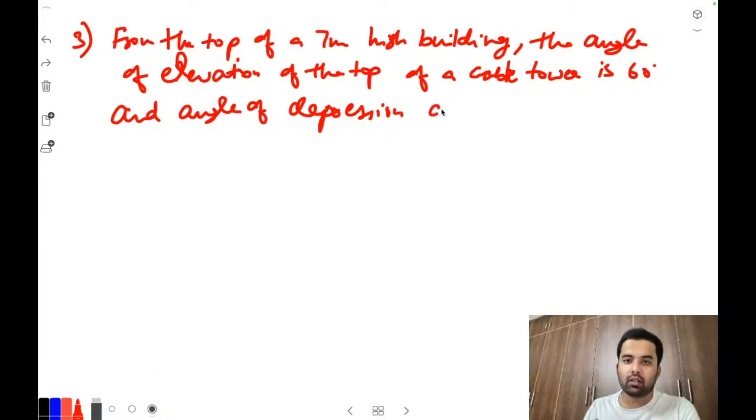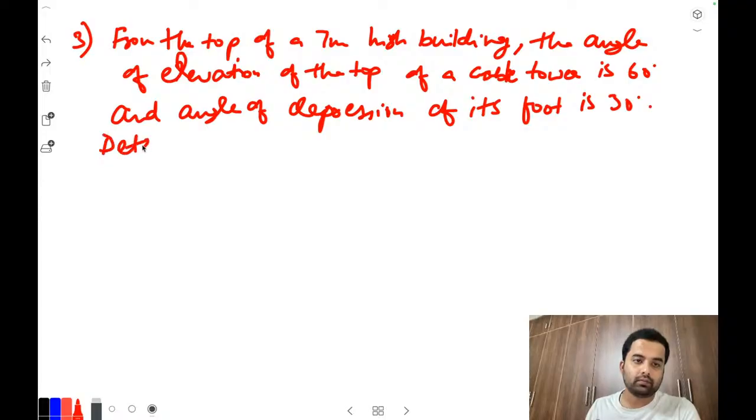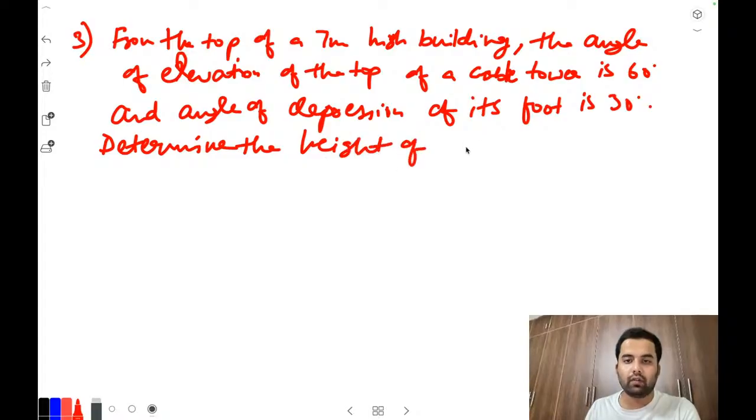Angle of depression of its foot is 30 degree. Determine the height of tower.